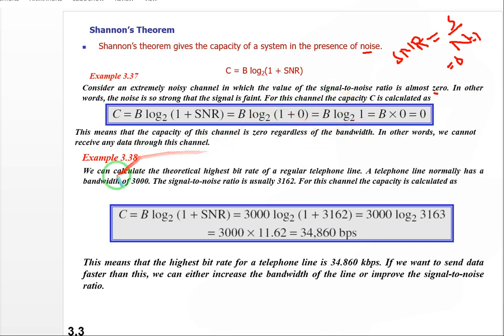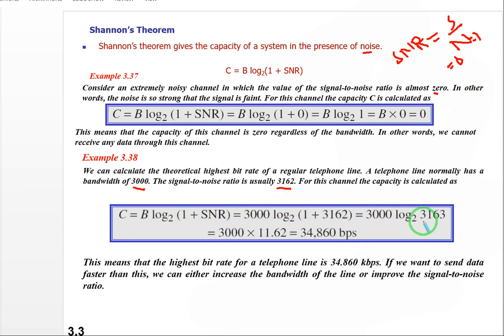So another example, we can calculate the theoretical highest bit rate of a regular telephone line. A telephone line normally has a bandwidth of 3000. The signal to noise ratio is usually 3162. This is your bandwidth and this is your signal to noise ratio. So for this channel, the capacity is B log base 2 of 1 plus signal to noise ratio.